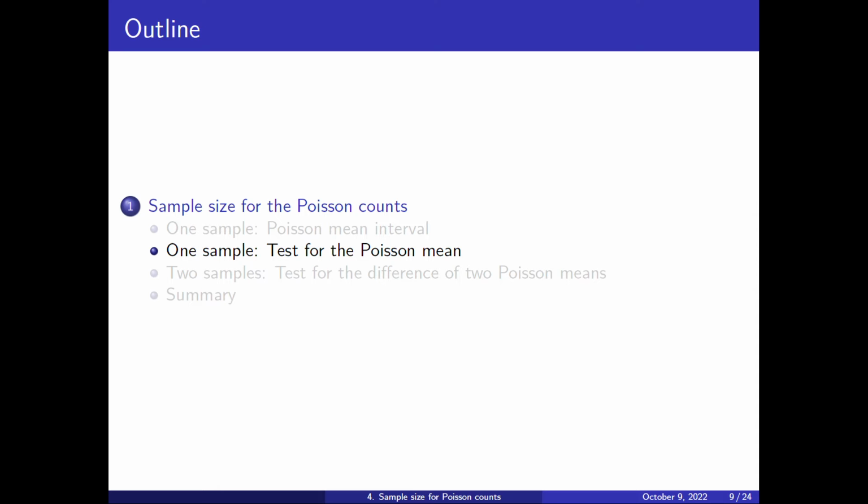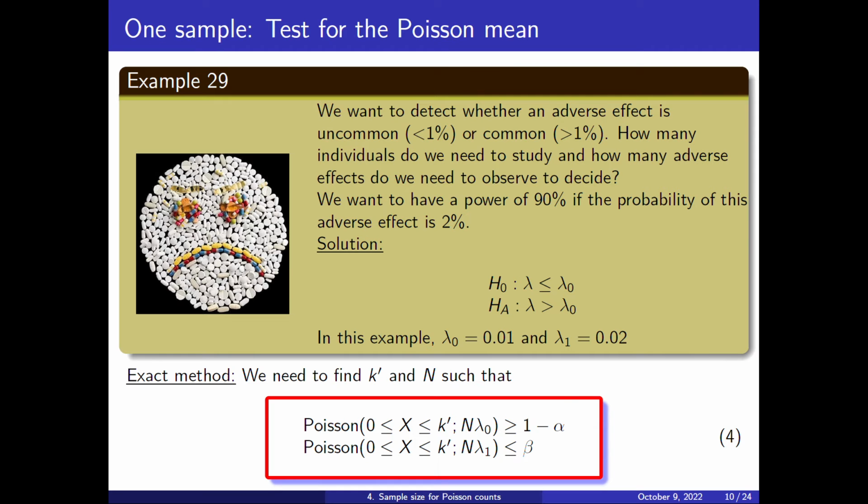If you want to do a test, then you will compare the Poisson mean, or the event rate, to some reference value. So for instance, we want to detect whether an adverse effect is uncommon, and uncommon is less than 1%, or common, that is more than 1%.